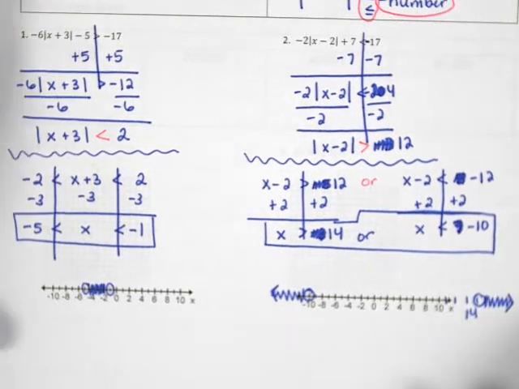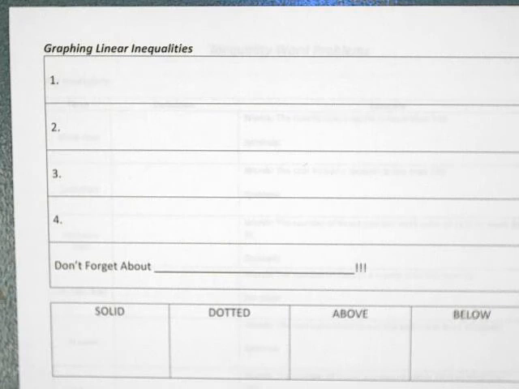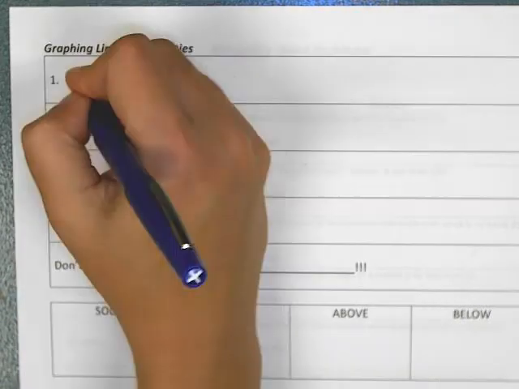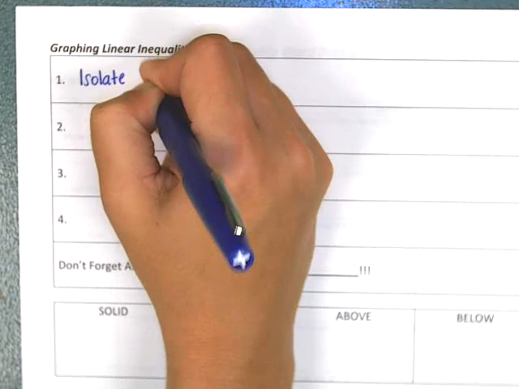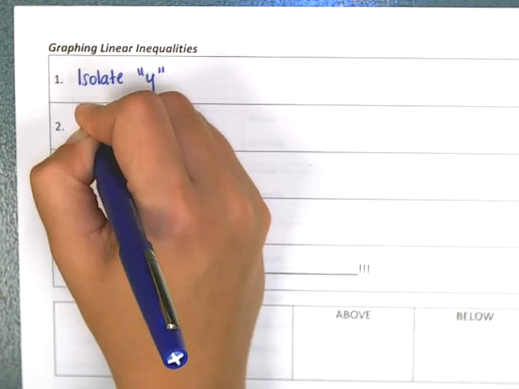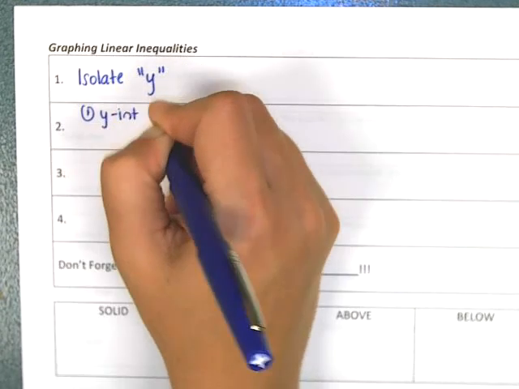Okay, now in addition to learning about solving absolute value inequalities, we learned about graphing linear inequalities. We said first you need to isolate the y. Then you graph the slope and the y-intercept.